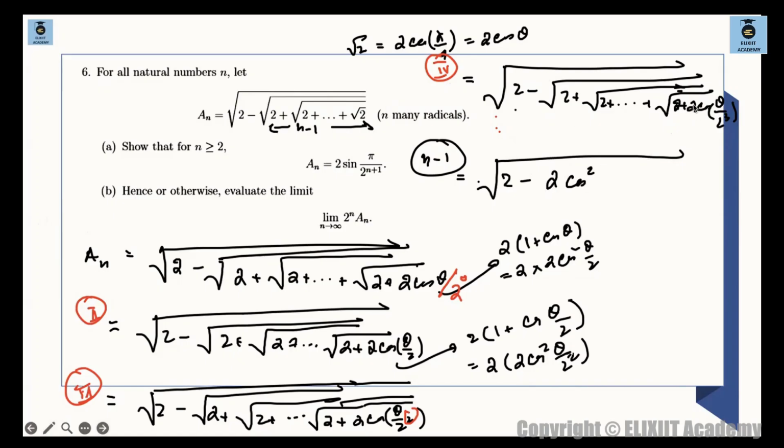For 4 we are having 3, 1 less than this. So for n minus 1, this will be n minus 2. So 2 cos theta upon 2 to the power of n minus 2. Getting my point? This will be square root of 2 minus 2 cos of theta upon 2 to the power of n minus 2. Right?